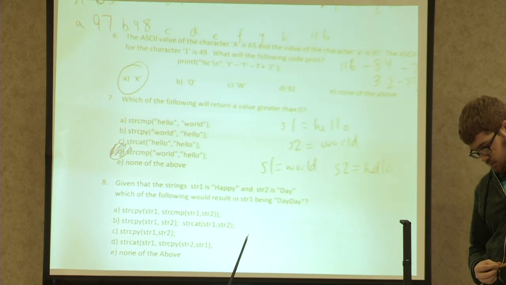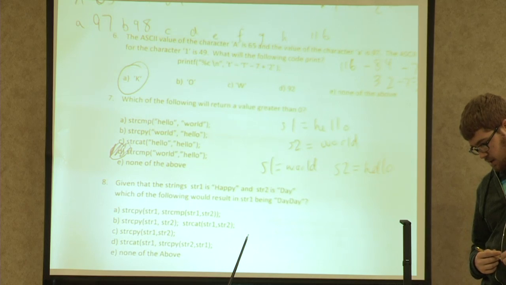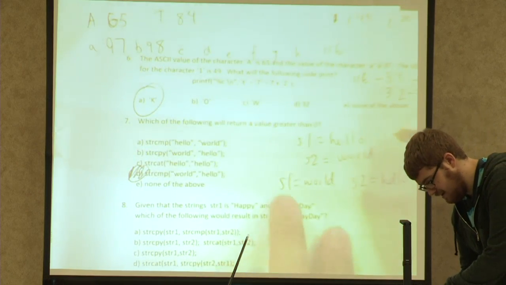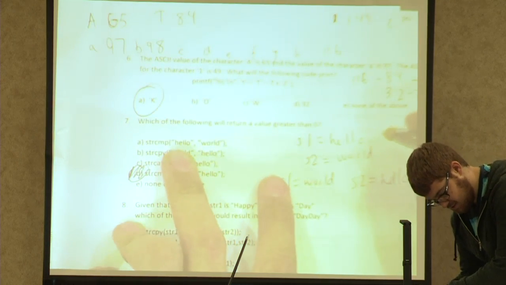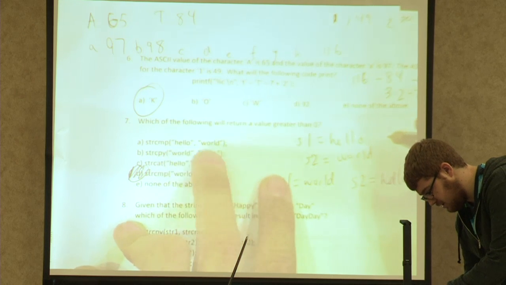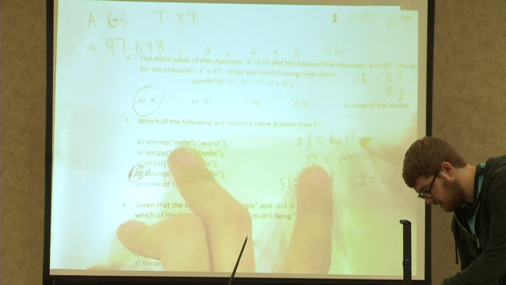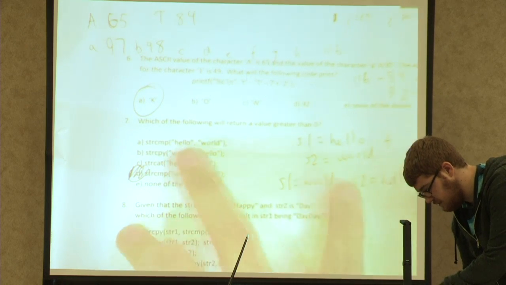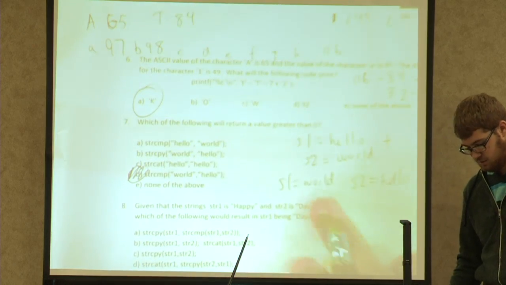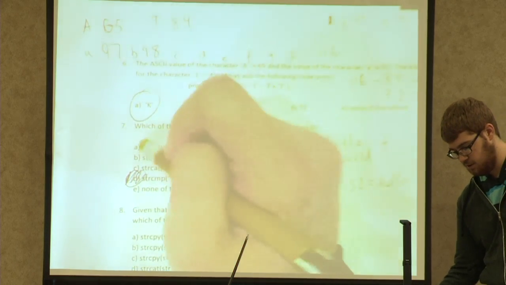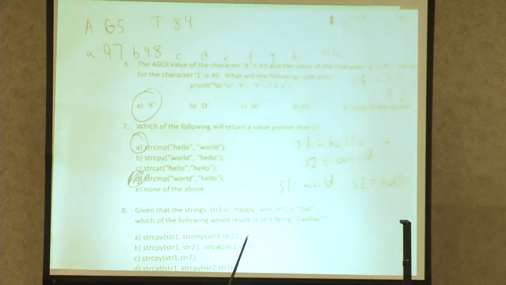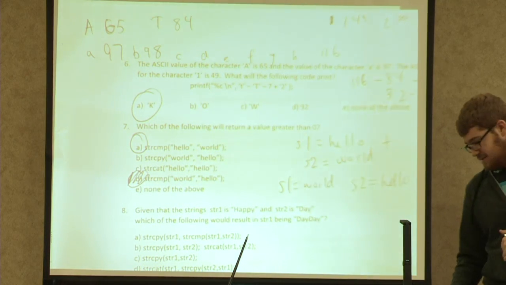Yeah. If S1 is less than, yeah, it would be A, I think. Let me see. If S1 is hello and it's less than that, it would be positive. This one would be negative because S1 is greater than. So it would be A, I'm sorry. Alright, that's fine. Thanks. Figure it out.